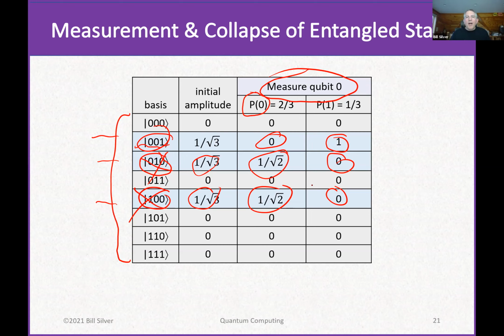This is really how quantum measurement works. You run this quantum circuit and you start measuring the qubits. As soon as you measure a qubit, it causes a change in the system with the qubits that are entangled with it, sometimes leaving them still entangled and sometimes leaving them not.